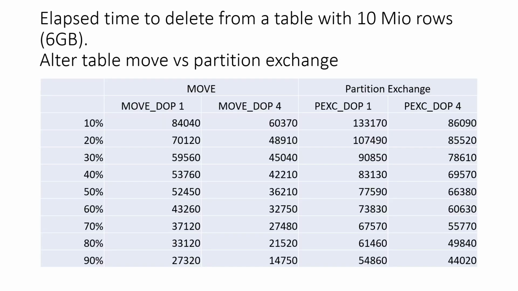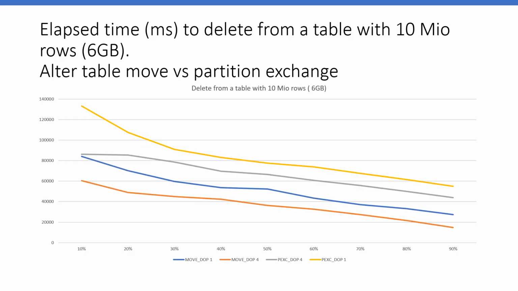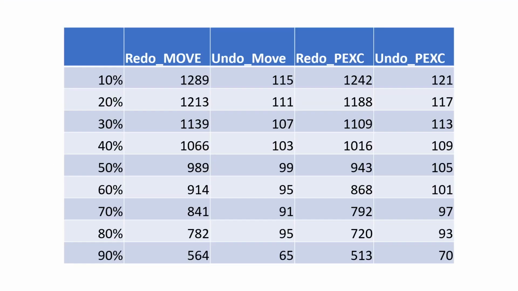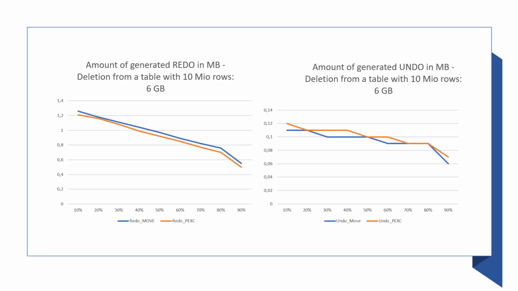So I repeated the same test with the table with 6 GB, and you see here the result. It just confirms all what we have seen. So the new methods are very performant, and you should use them whenever you want to get rid of a lot of data.